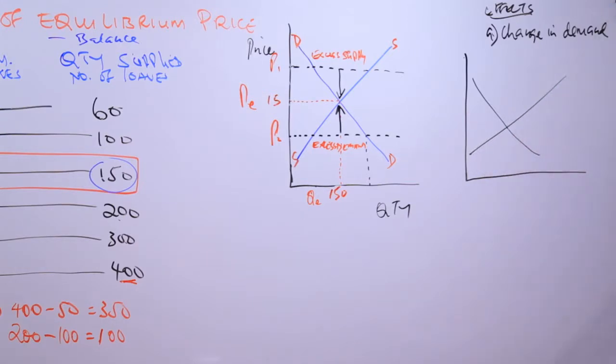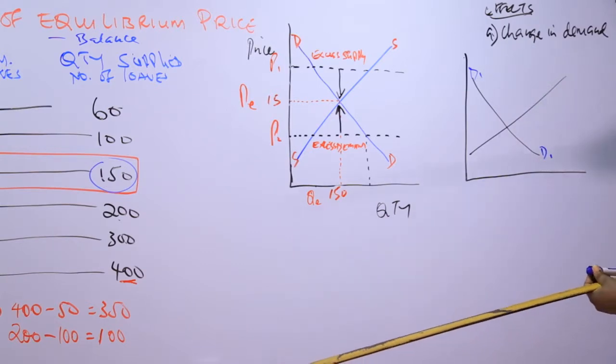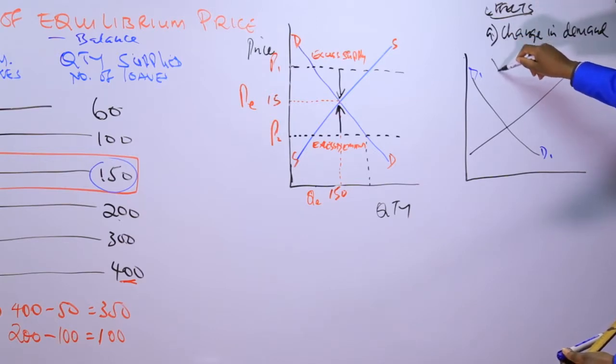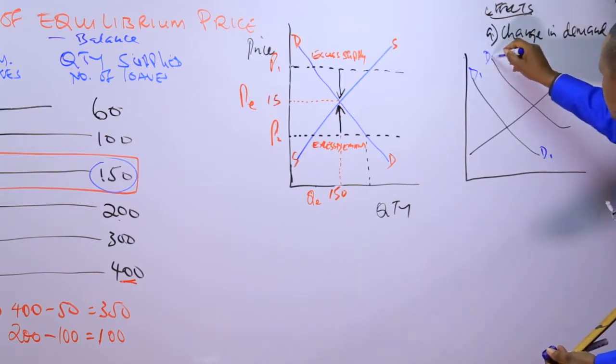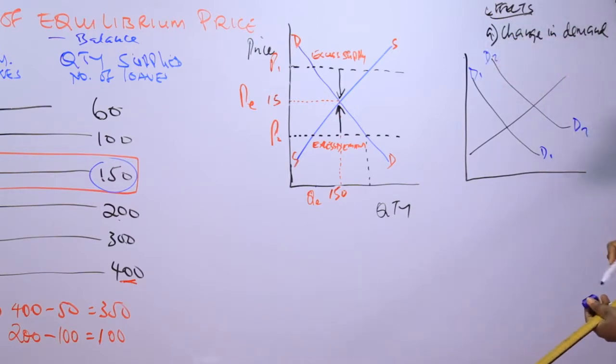So an increase in demand, this is our D1. An increase in demand will lead to this shift, and that is D2.